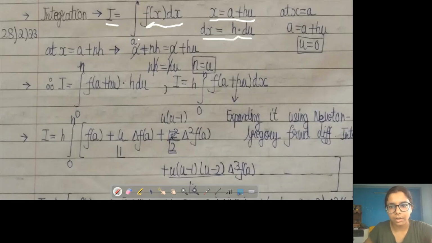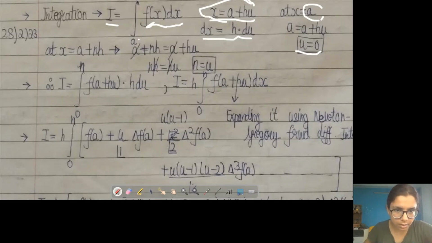Then we take x at the value of the lower limit a, so x is equal to a. Then a is equal to a plus hu from the equation that we have taken, and from this we equate and get the value of u as 0.